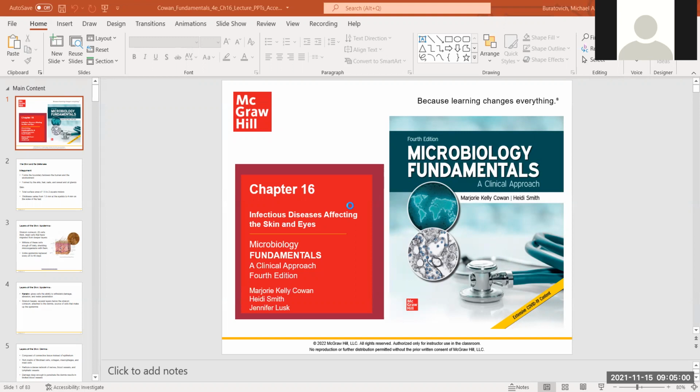We're now going to start looking at diseases. Our first set of diseases will be those that affect the skin and the eyes. Skin is designed to keep things out. Infecting the skin presents several challenges for organisms because the skin, first of all, has glands that make a mixture called sebum.